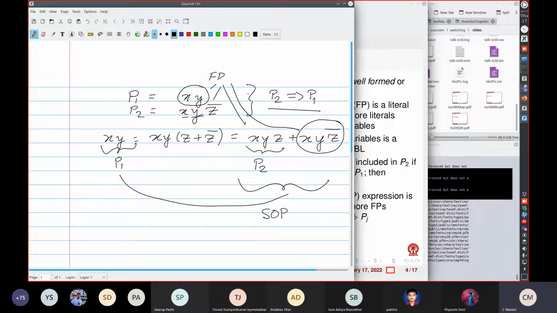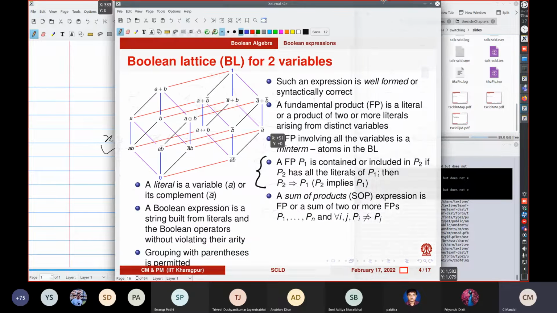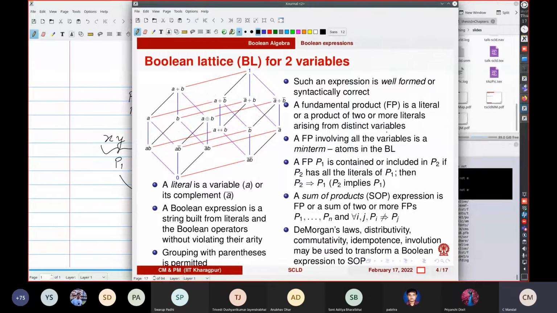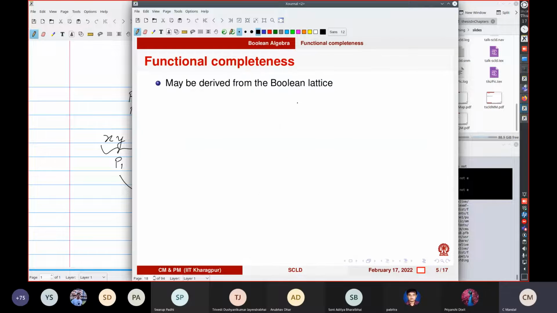These are just syntactic terms really. And of course, De Morgan's laws and other properties may be used to simplify Boolean expressions.